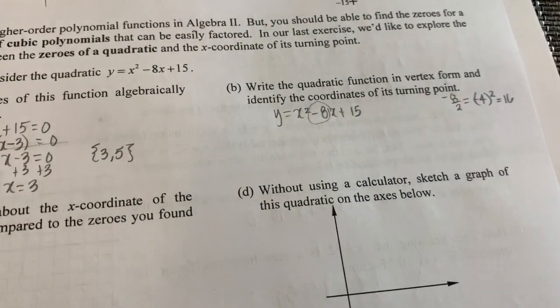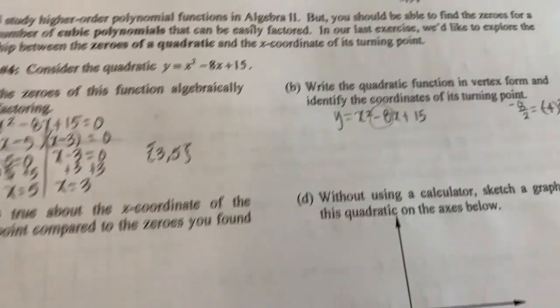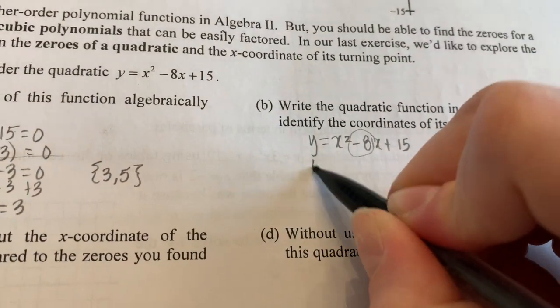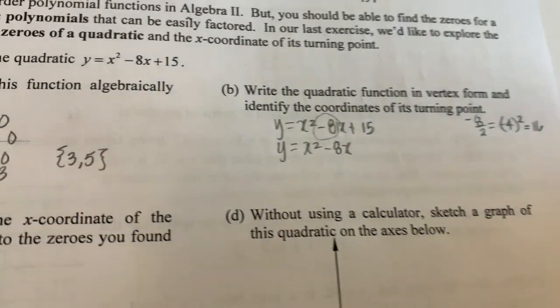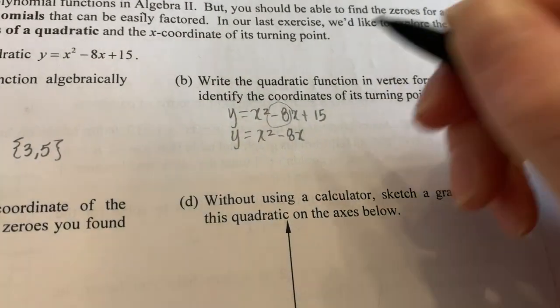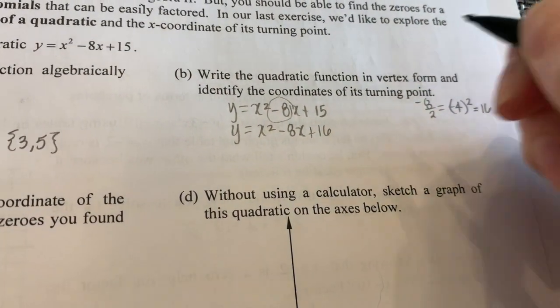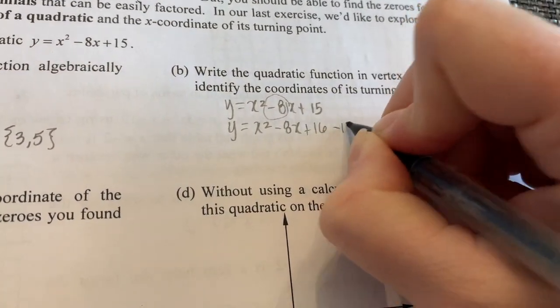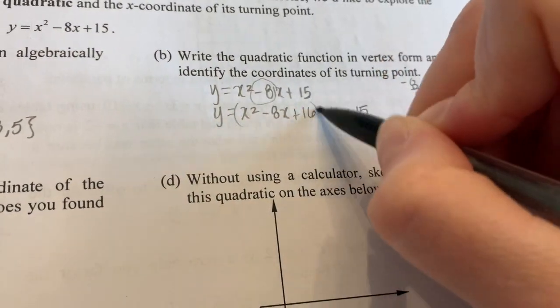So we have y equals x squared minus 8x. I'm going to add my 16 in here, and then I'm going to subtract my 16 and keep my plus 15 here, right? And remember that this is getting broken up here.